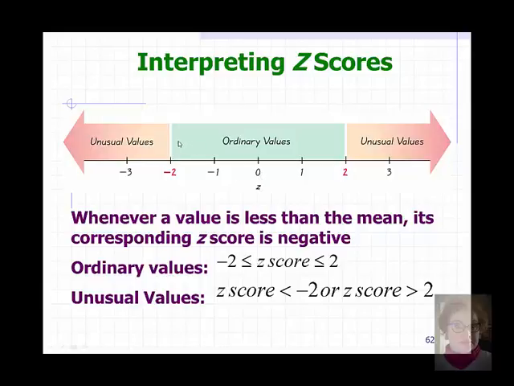And ordinary values are in this blue part of the distribution. They are within 2 standard deviation units of the mean. And remember our 68, 95, 99.7 rule. About 68% of the data fall in here. And then our unusual values are going to be more than 2 standard deviations above the mean, or less than a negative 2 standard deviation units below the mean.